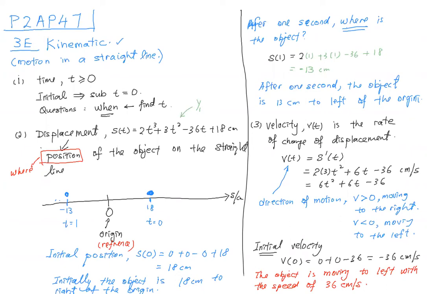You see, the negative sign tells you it is to the left. So that means the object is here. If I draw a car, then it will be moving to the left like that. See or not? So now you understand. Velocity gives you the direction of motion and the magnitude of the velocity gives you the speed. Are you okay?